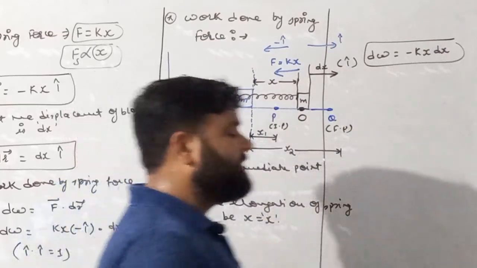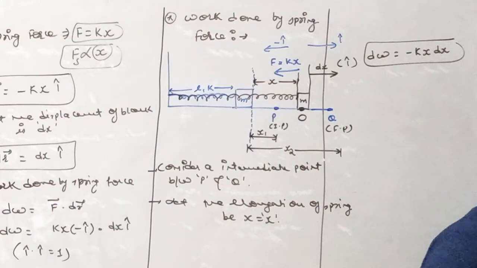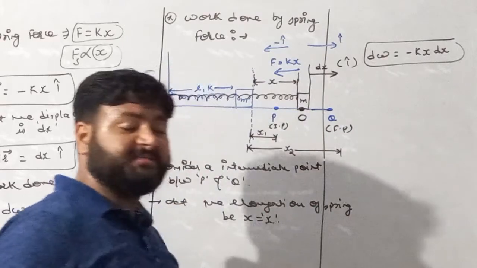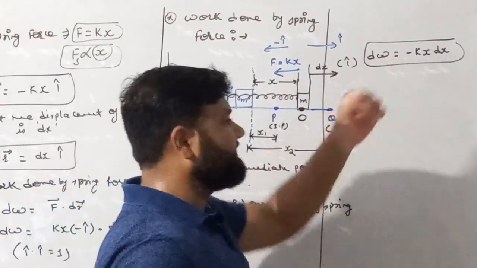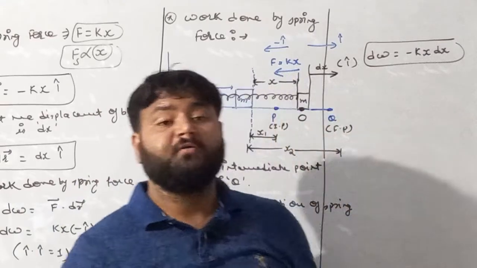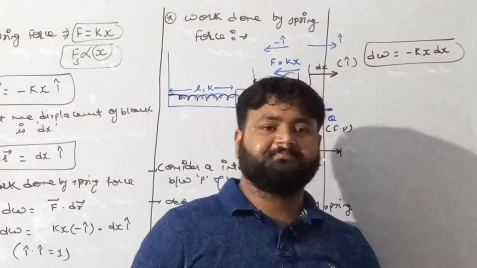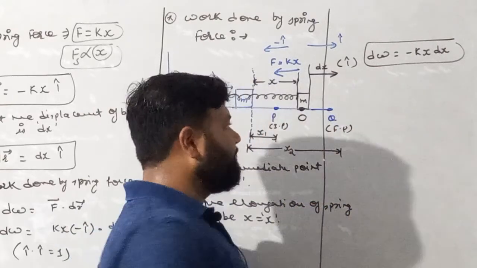So write down: negative sign indicates the direction of force and displacement are opposite to each other.